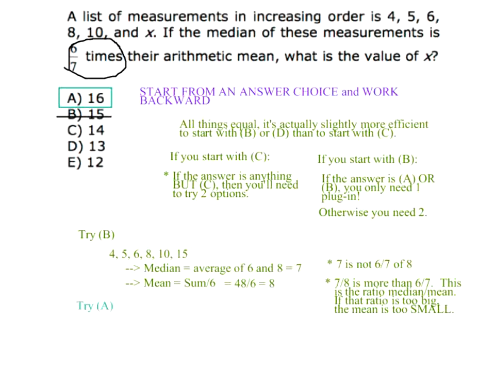So let's try A. So then you have 4, 5, 6, 8, 10, and 16. So then your median is still 7. And your mean is, the sum is 1 more, so now it's 49 over 6.